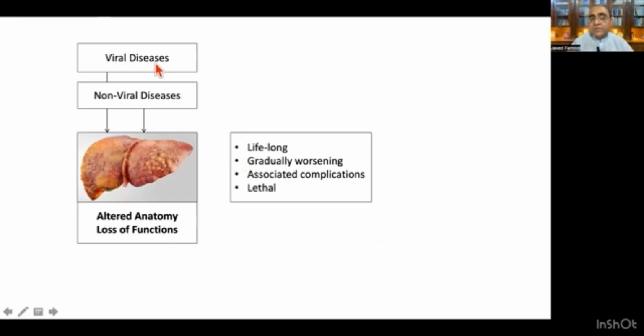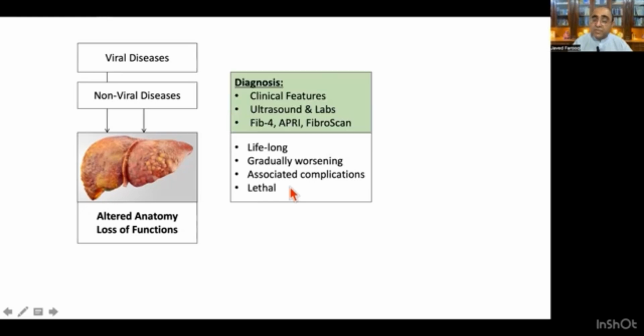We all know that whether this is a viral disease or non-viral disease, if cirrhosis has happened with altered anatomy and functions, it's a lifelong disease. We know that it's gradually worsening, with a lot of complications, and going to be fatal. But for diagnosis, if a patient has decompensation already, these will be the clinical features. It will tell us the patient has got cirrhosis.